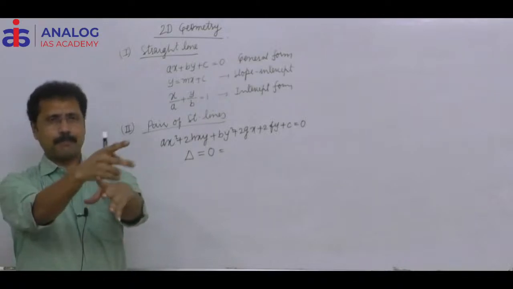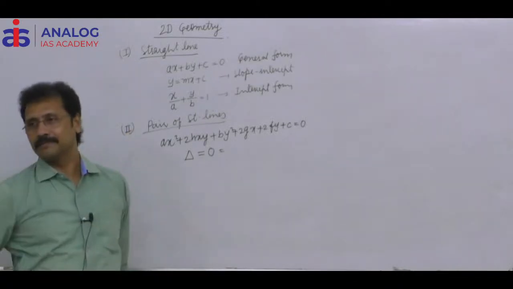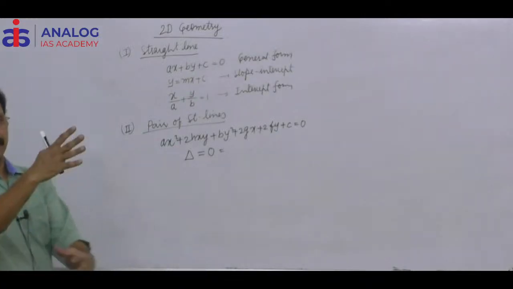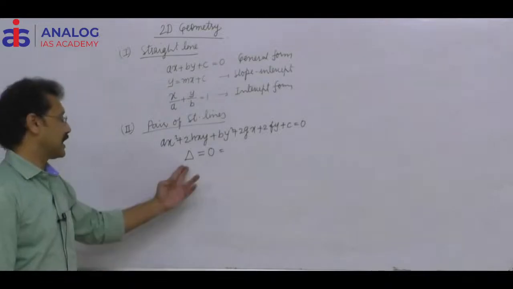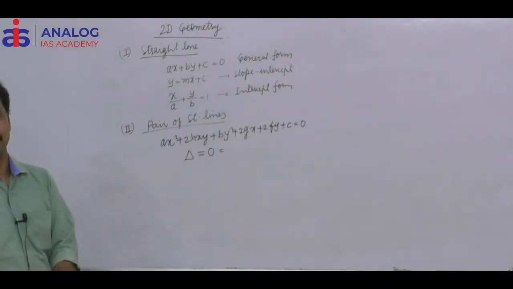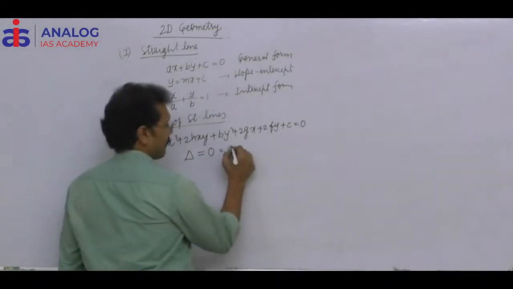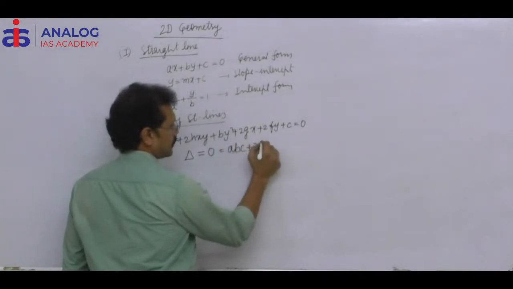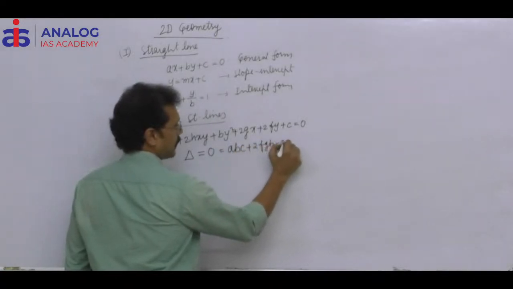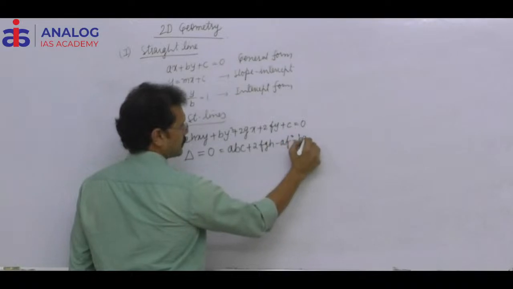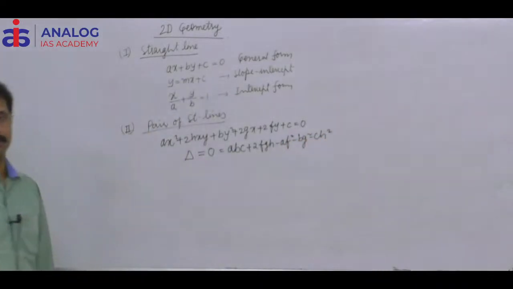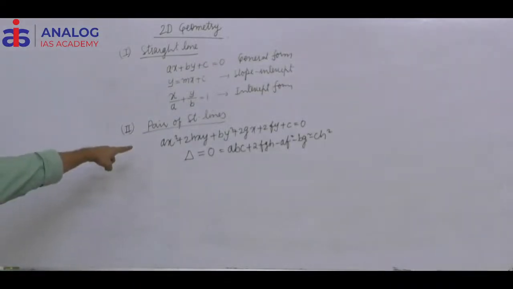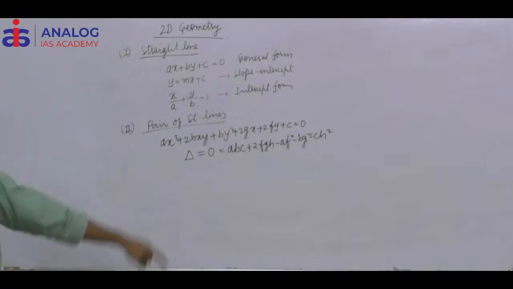It's a product of these two straight lines. Every straight line has its own slope, so the delta is not slope. It is some expression: abc plus 2fgh minus af square minus bg square minus ch square. If that becomes equal to 0, then we say that expression represents pair of straight lines.